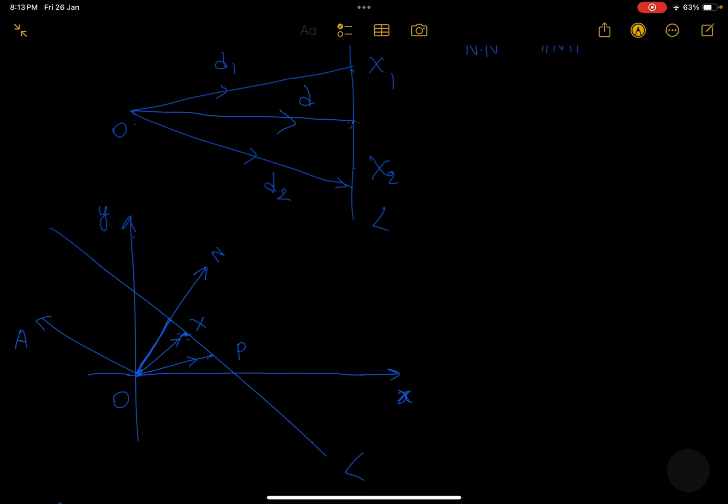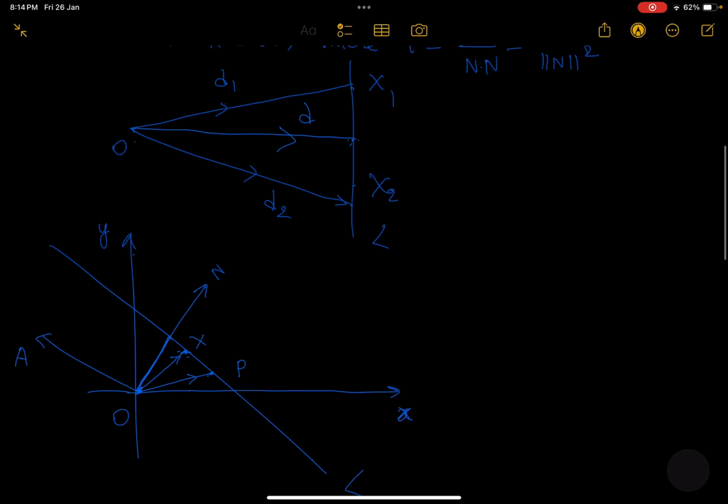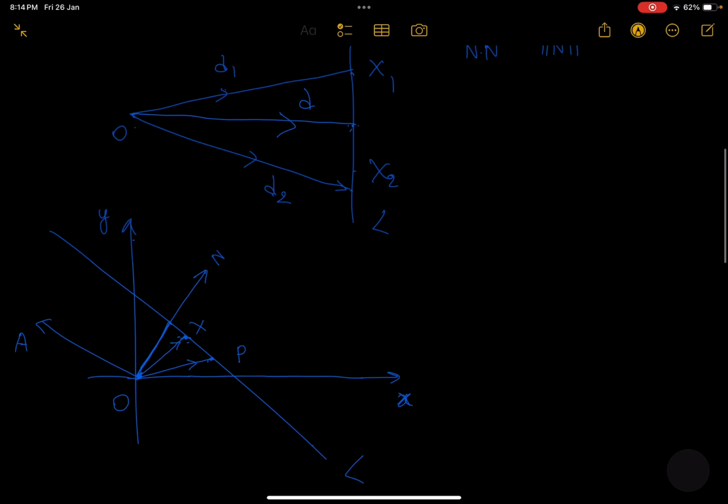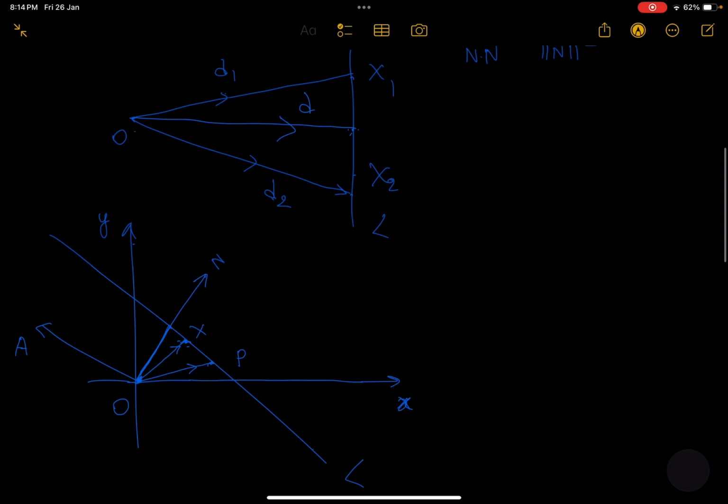This distance will be exactly equal to that lower bound, small d, if and only if X is the projection of P along the normal vector capital N.